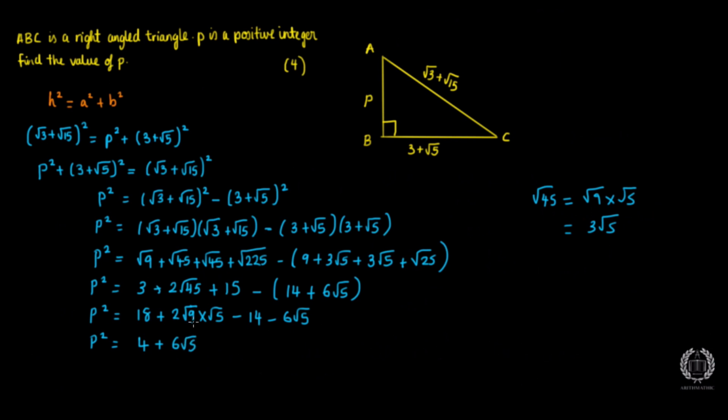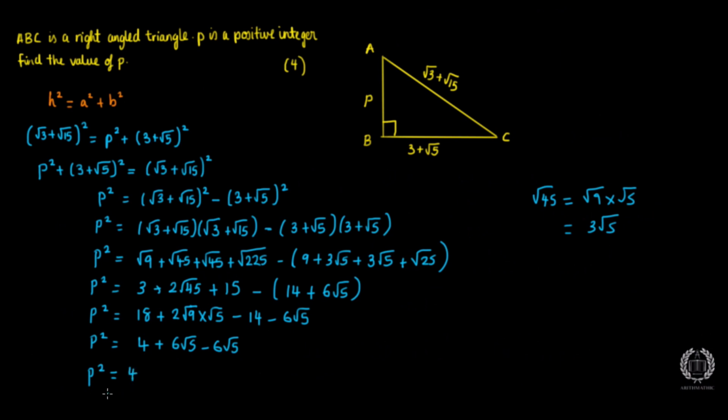Did you see what I've done there? Again, I'll explain. Root 9 is 3, but because this is 2 times root 9, we do 3 times 2, which is 6, and then 6 times root 5 is 6 root 5, minus 6 root 5. And then 6 root 5 minus 6 root 5 gives us 0.